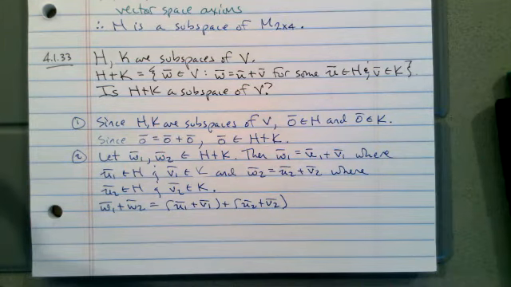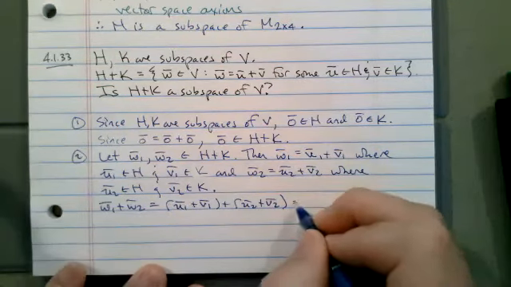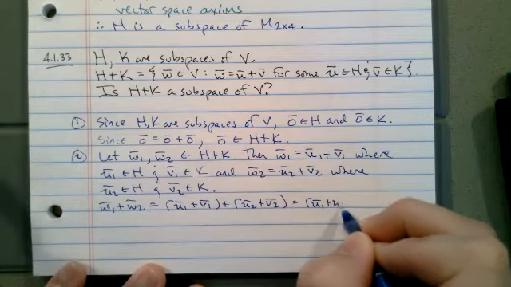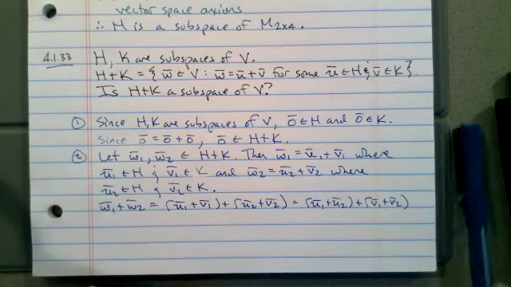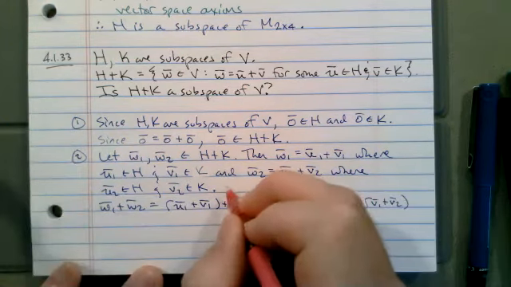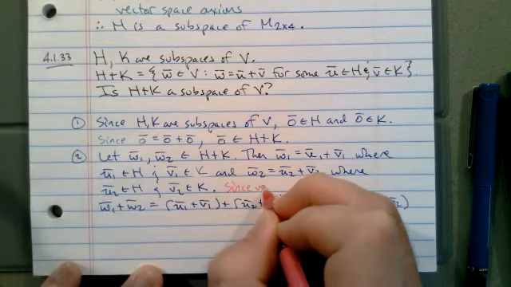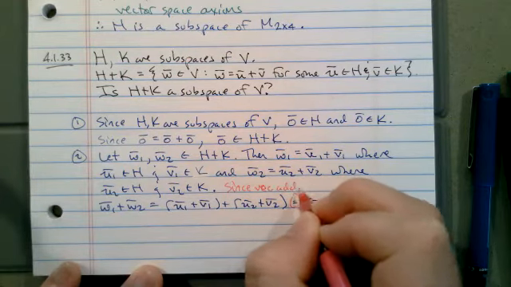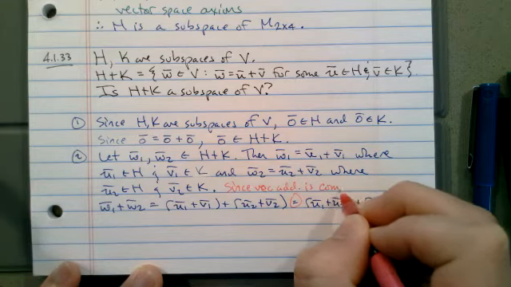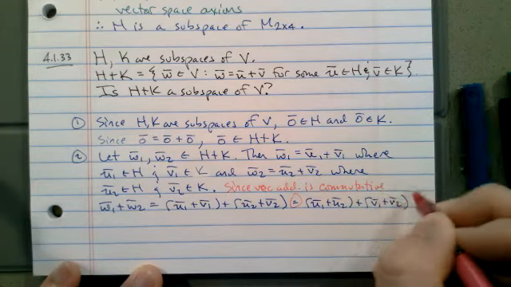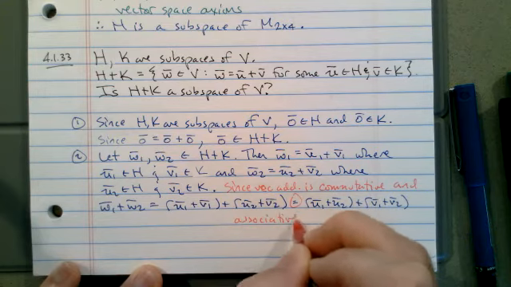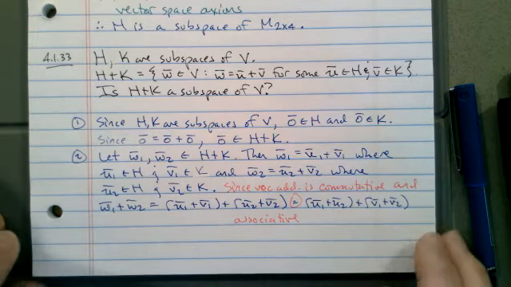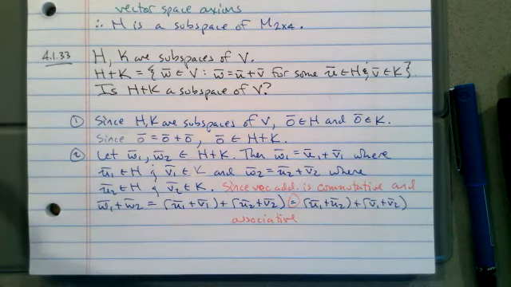And since vector addition is commutative and associative, this is equal to U1 plus U2 plus V1 plus V2. Order and grouping don't matter in vector addition.